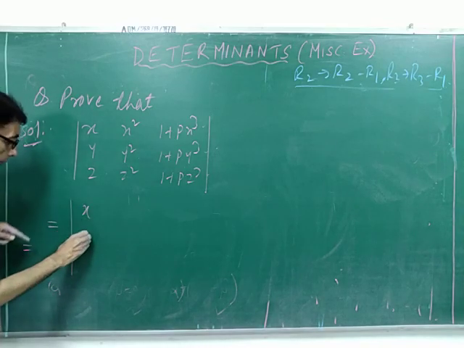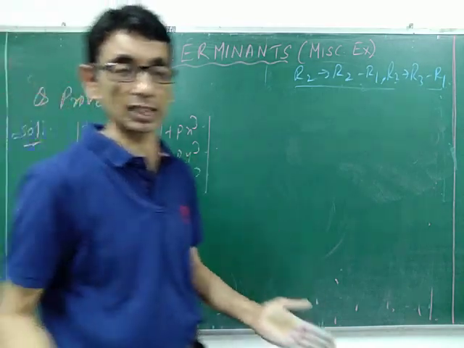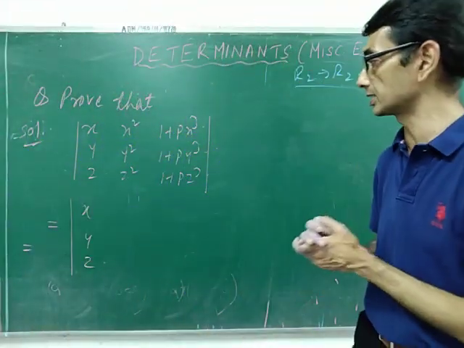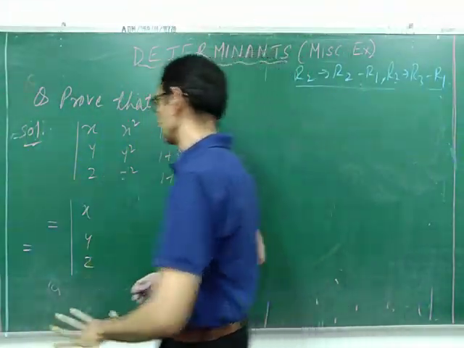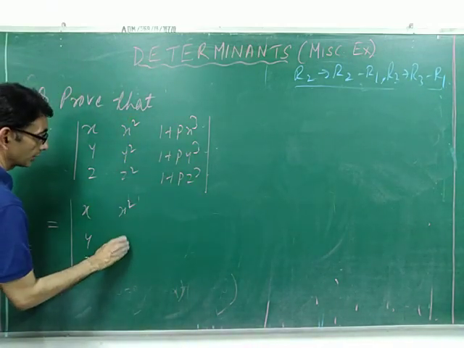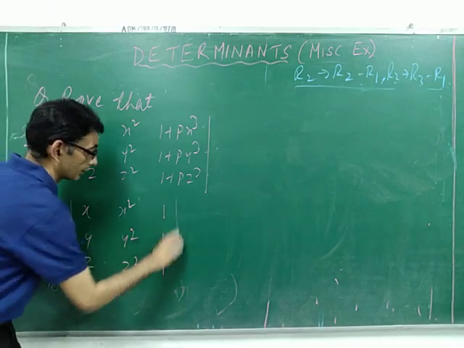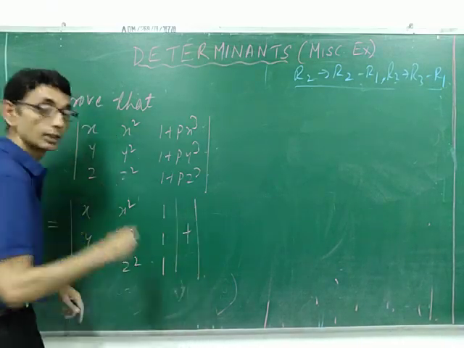So x, y, z, and there is no change for both the determinants. There will not be any changes for column 1 and column 2. That is x, y, z. This is x squared, y squared, z squared. Then it will be 1, 1, 1. Then let us write the second determinant.